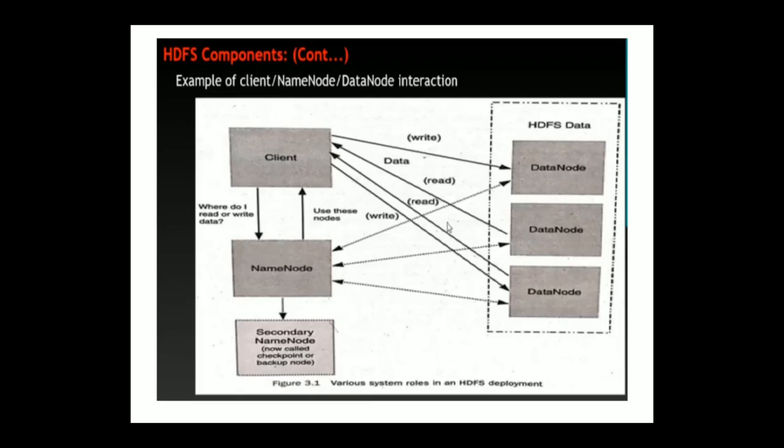So the name node is distributing the work to the data nodes, telling the client that these are the nodes with which it has to work. Now the client and data nodes work together, reading and writing the data, and the communication happens between the client and the data node.